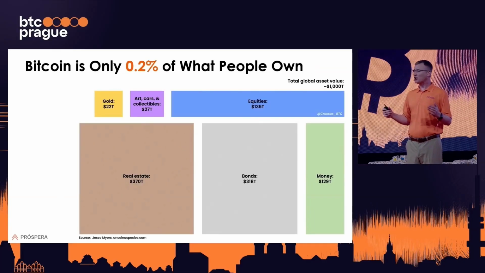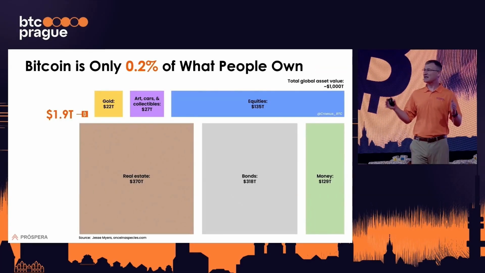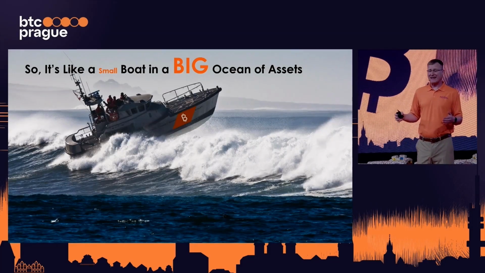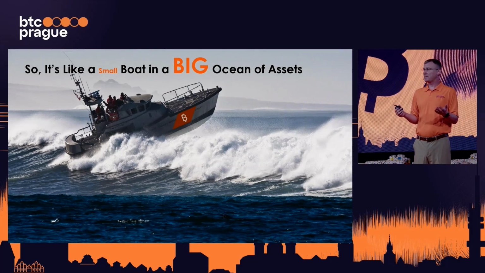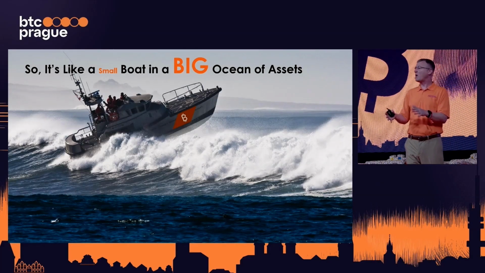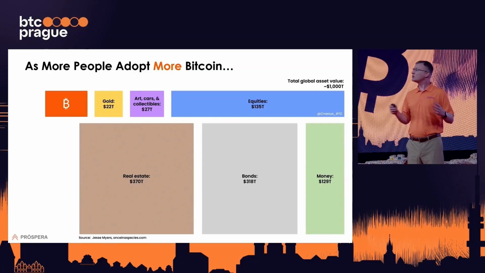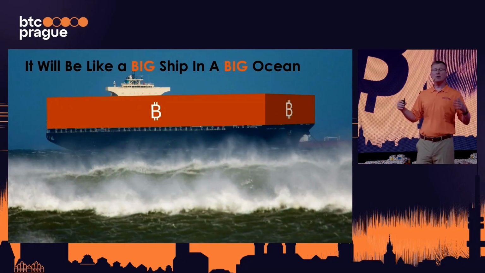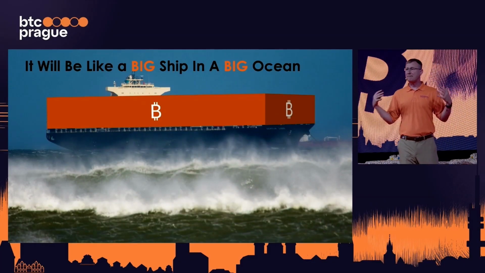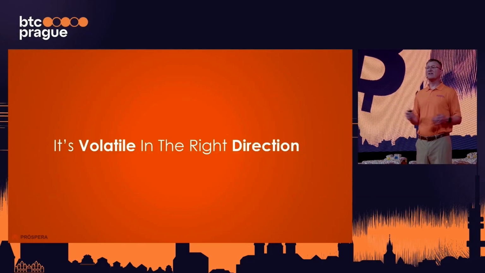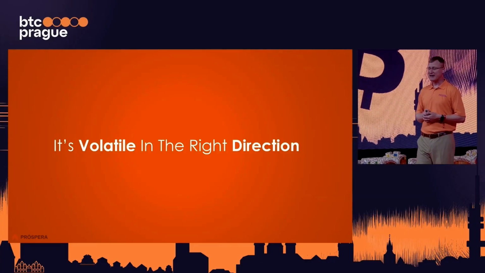And when you're that early, and Bitcoin represents such a small percentage of the assets that are owned, then Bitcoin is like a small boat in a big ocean. It goes up and down with the waves of every little thing. As more people adopt Bitcoin, Bitcoin gets bigger. And eventually it will be like a big ship on a big ocean without the volatility. In the meantime, the volatility is your friend and it's in your favor.